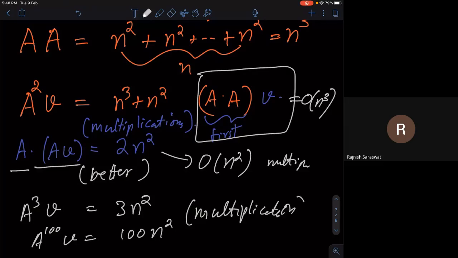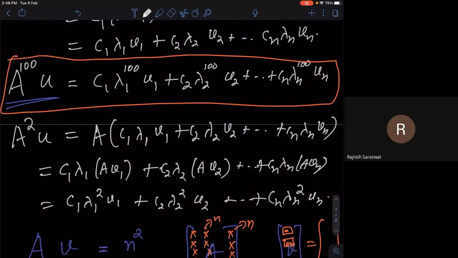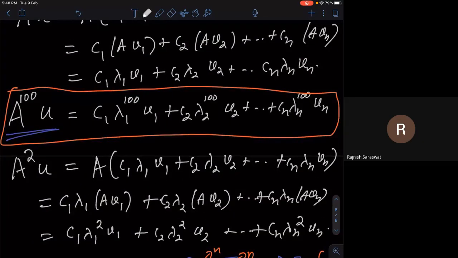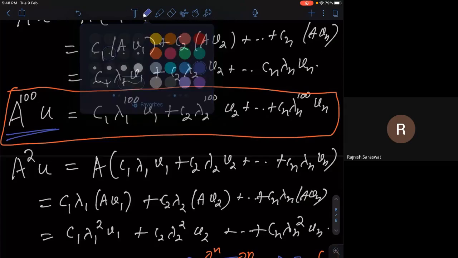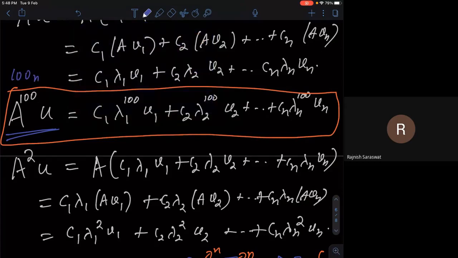Okay, so anyway, we came there because we were looking at here. So this requires 100 n square multiplications on the left, but on the right, how many? N square multiplication.